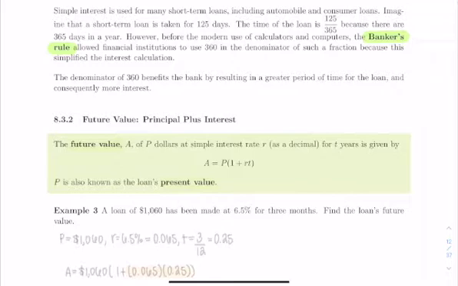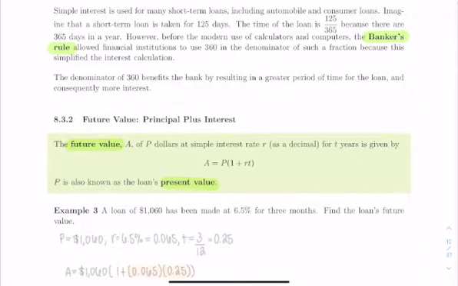The future value A of P dollars at simple interest rate R for T years is given by A equals P times 1 plus RT. P is also known as the loan's present value. A loan of $1,060 has been made at 6.5% interest for 3 months.